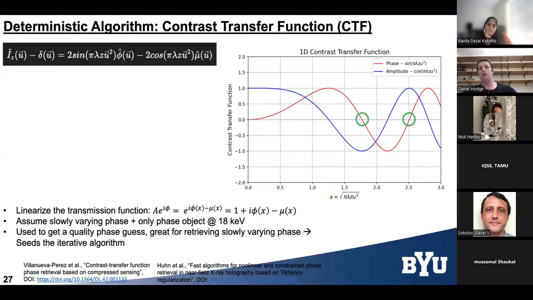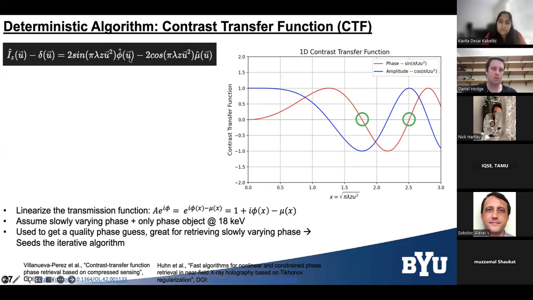And so I used two algorithms to get phase retrieval results. I think I'm coming close on time here, so I'll try to go through this really fast. I need you all to believe me that through the Fresnel diffraction formula, and assuming that our phase is slowly varying, and that our phase is either small or mu is really small, we can linearize the transmission function of our object.